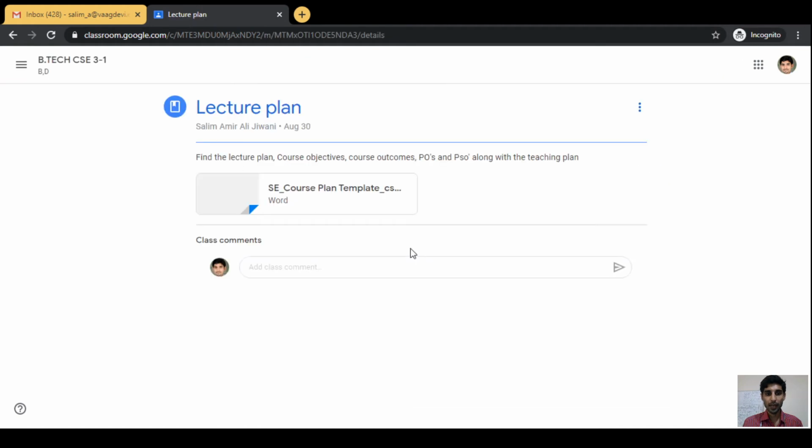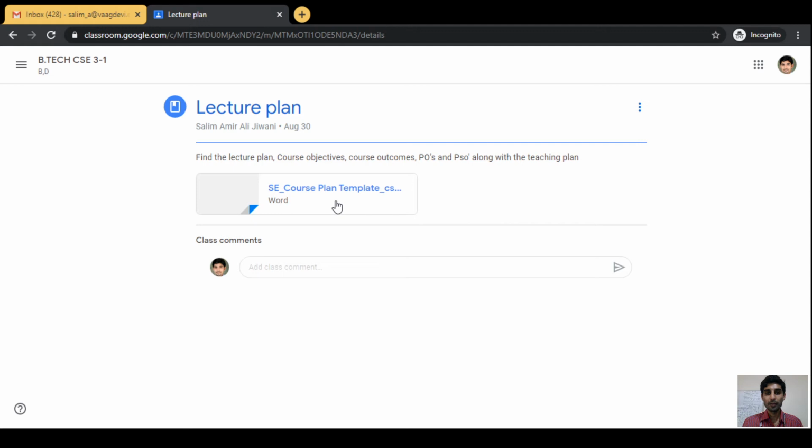The lecture plan is provided in this document, which is accessible by all the students. The course that I am discussing during the current semester is software engineering, and it is for the 5th semester students, and it's a 3-credit course with the objectives to make students aware of the software engineering process models and develop understanding of varied models.